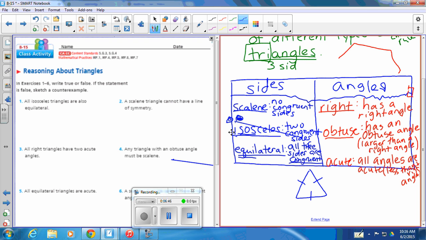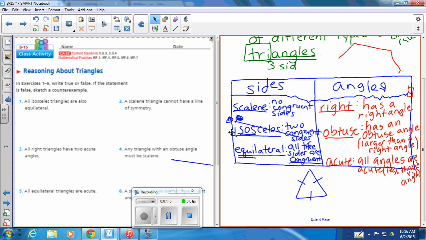Okay, so on Think Central tonight, it's going to ask you to use these definitions to analyze triangles and see which ones could be classified in which way. Could we have an equilateral obtuse triangle? No, because if all sides are equal, the angles are all going to be acute. We wouldn't have an obtuse angle there. Okay. So those are the kinds of questions that we're going to have.